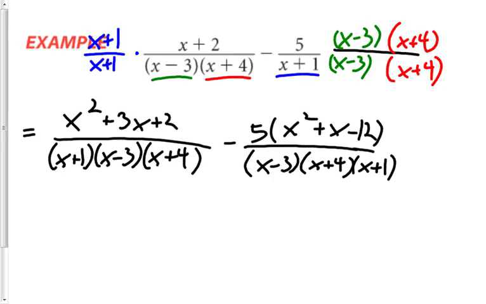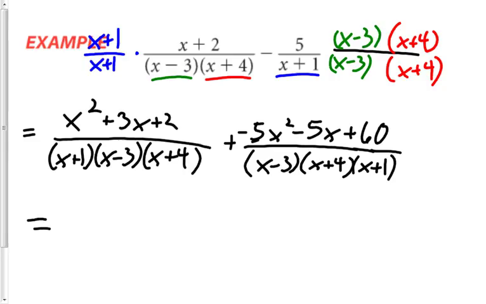Now if I were to distribute this negative 5 through x squared plus x minus 12, I would find negative 5x squared minus 5x plus 60. Since these are both over common denominators, I can now add the numerators together.